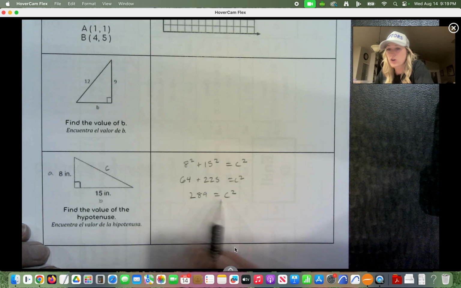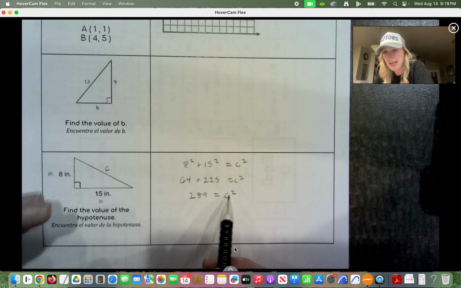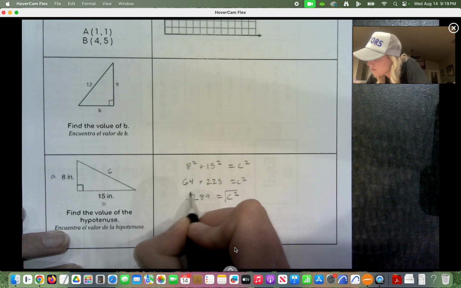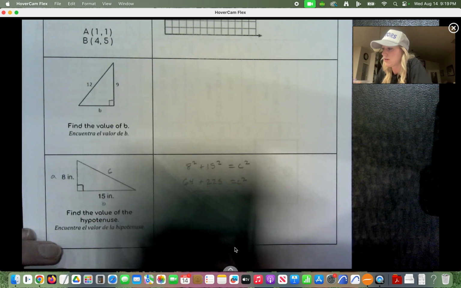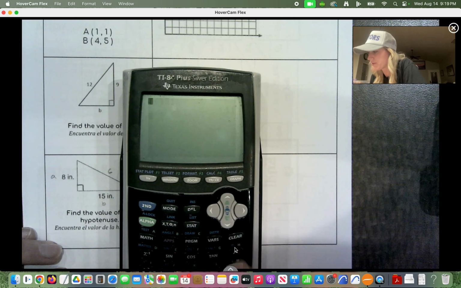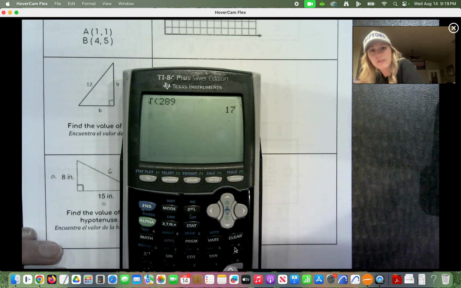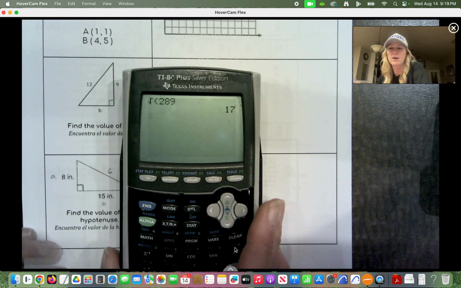Okay, and so I'm trying to find C, not C squared. So the last step is to undo a squaring, as we're going to square root both sides. And then this is where I can use my calculator to check, is it a perfect square? And if it is, then that's my answer. And this one is. Square root of 289 is a perfect square, it's 17.